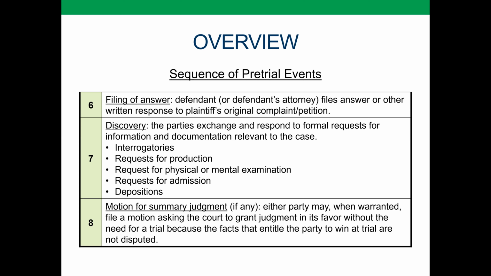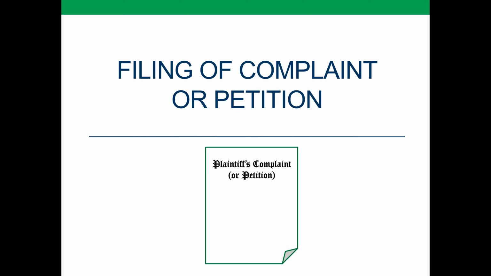And if a party believes that there is no dispute about the key facts that, when applied to the law, cause that party to win, then that party can file a motion for summary judgment and see if the court will grant judgment then and there for that party. But let's now start with the filing of the lawsuit.